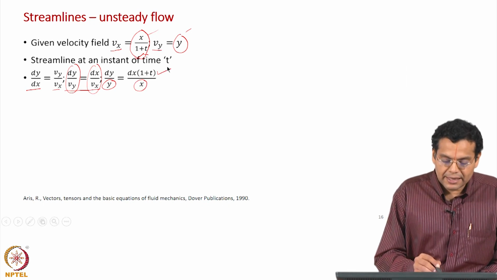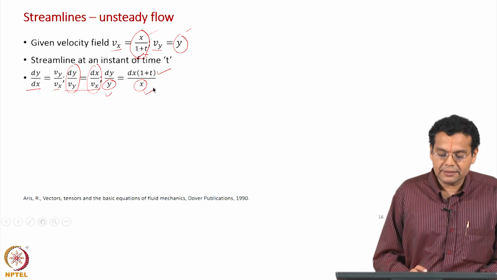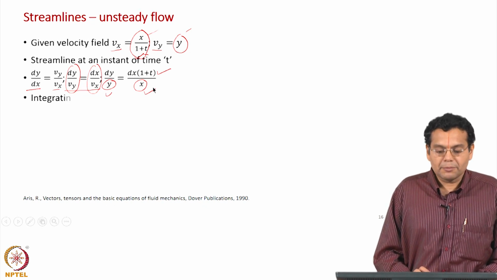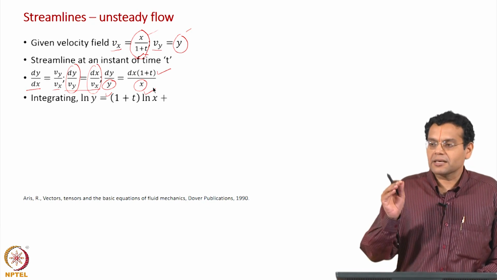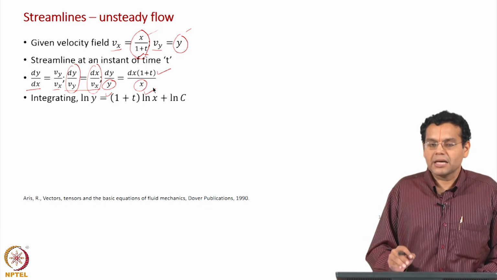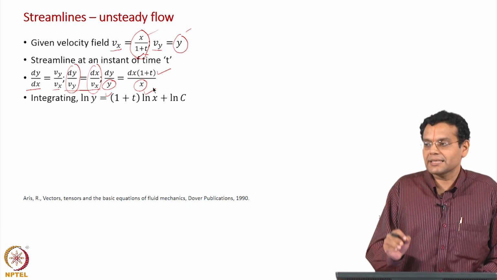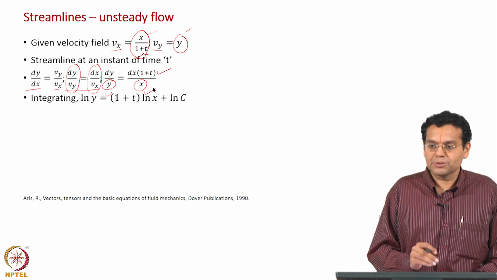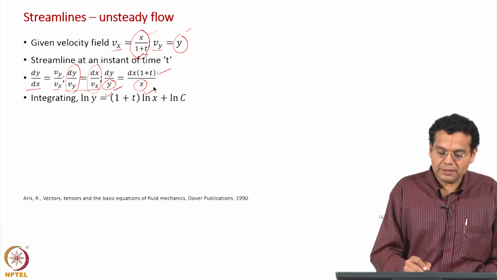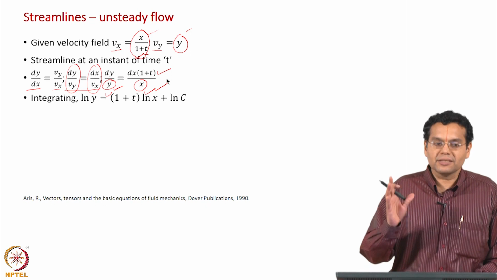Now, you will have to integrate the left hand side and the right hand side. When you integrate, remember, because streamlines are at a particular instant, t is just a constant given value to you. I want the streamline at, say, 0 seconds. So, you integrate as usual with respect to y, as usual with respect to x, keeping t as a constant.